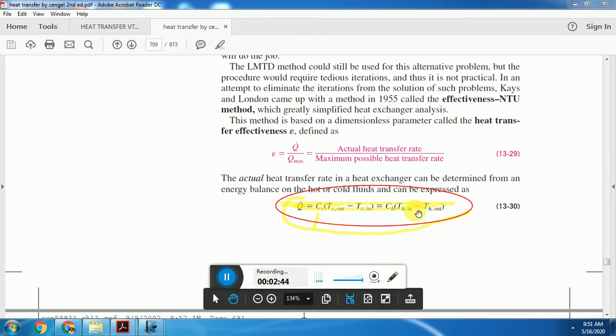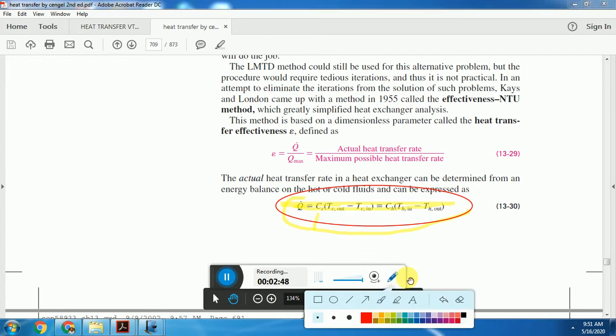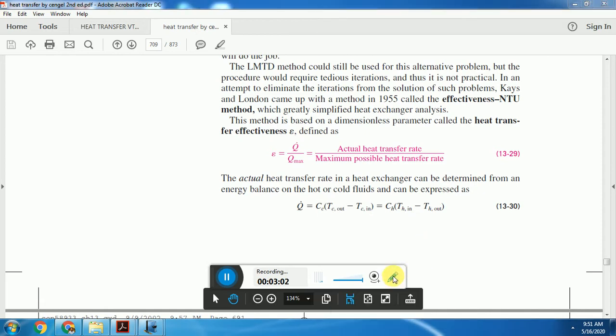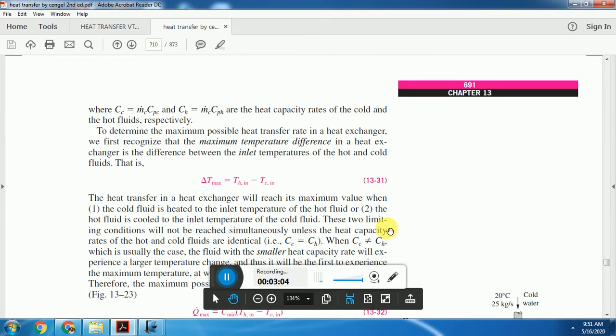Suppose we want to calculate the maximum heat transfer rate.